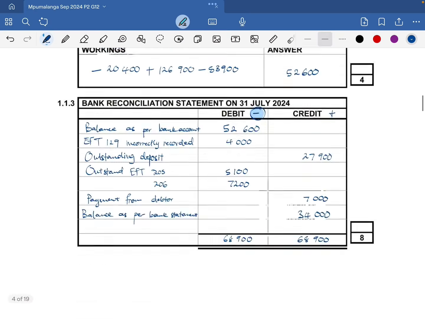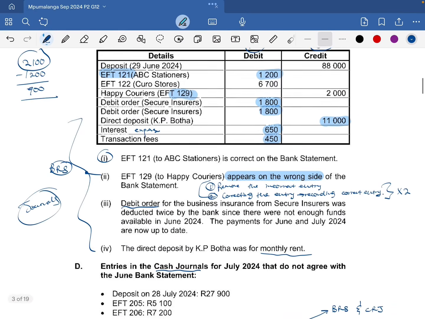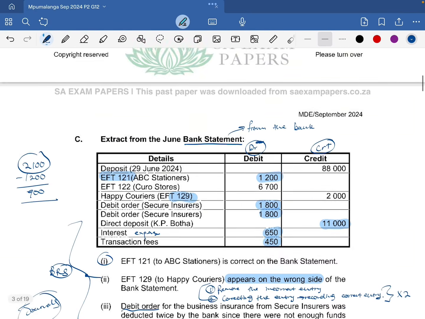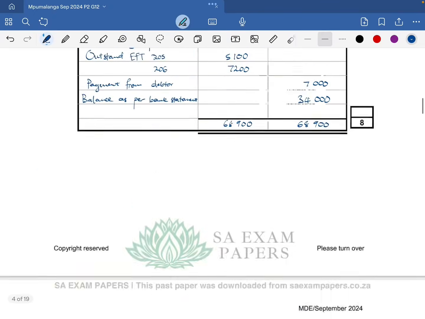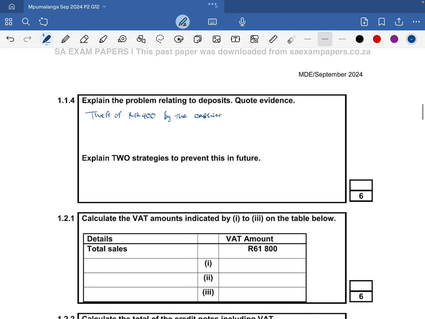Was it the cashier? Let's just ensure. Okay, so it was the bookkeeper, not the cashier, and it was actually 12,400. So the bookkeeper took 12,400 and was nowhere to be found, right?